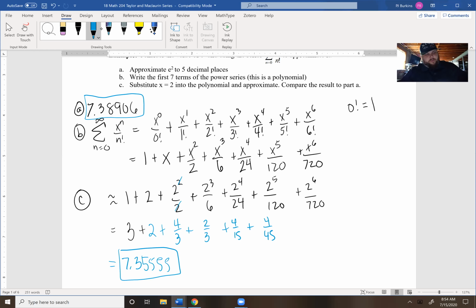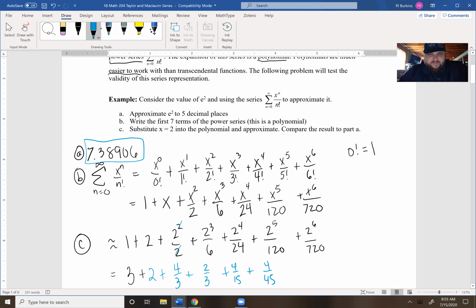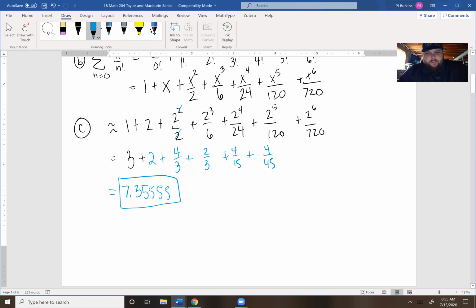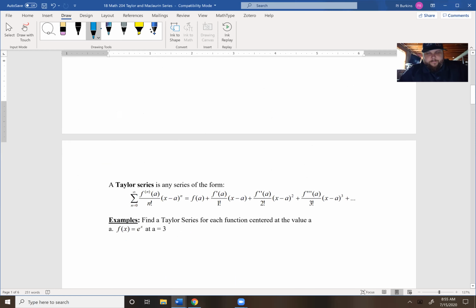So that's much closer. 1 more term would probably get us as close as we might get with 5 decimal places. So you have to take a lot of terms, is what I'm trying to say. But it is valid, right? It is pretty close to the number that was given, and it was just a simple polynomial.